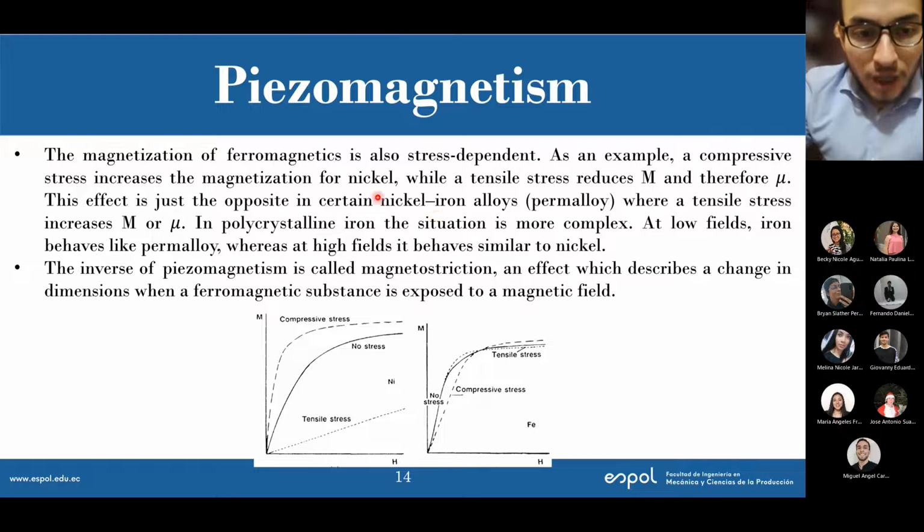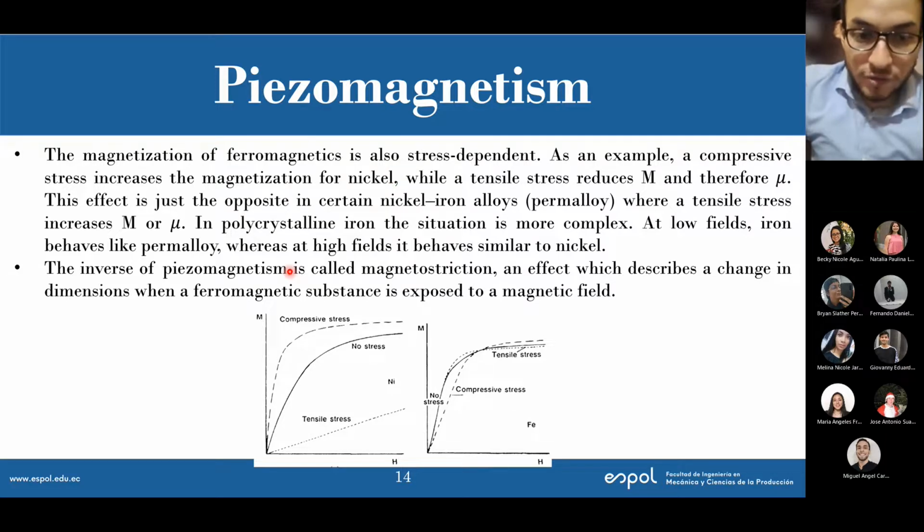Permalloy is a nickel iron alloy, okay? Whereas if I put a high field, it behaves similar to nickel. So that is called piezomagnetism. It's just because the magnetization of the material depends on stress, whether compressive or tensile. And as I said, it really varies from material to material. There's not a single law, okay?